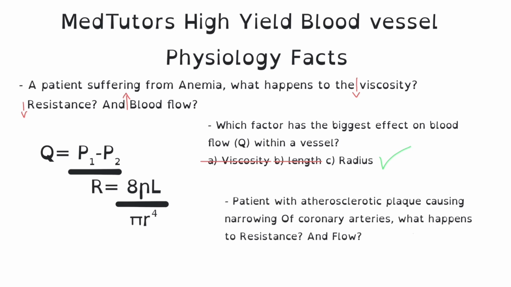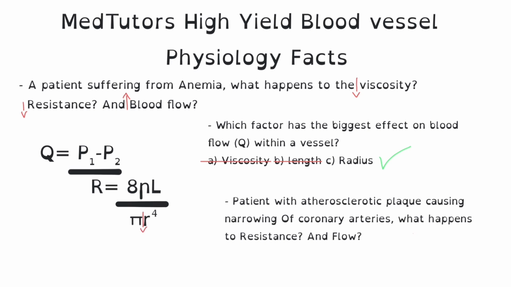A patient with an atherosclerotic plaque causing narrowing of the coronary arteries, what happens to resistance and flow within the blood vessel? This patient will have a decrease in radius to the power of 4.